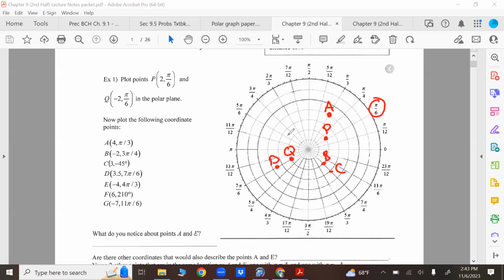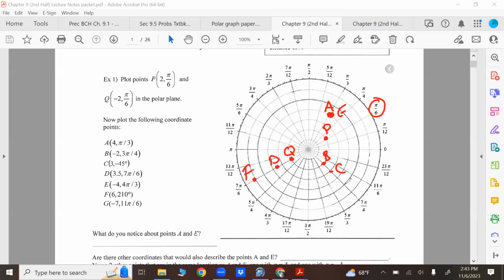E, 4 pi over 3, and -4. Actually, it coincides with A. A and E meet at the same place. Then 210 degrees is 7 pi over 6. So 1, 2, 3, 4, 5, 6.